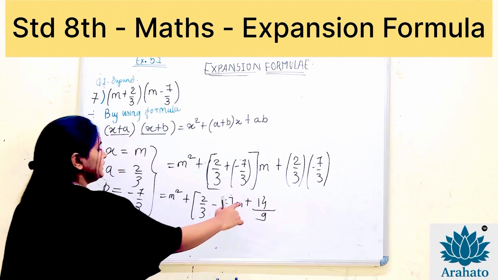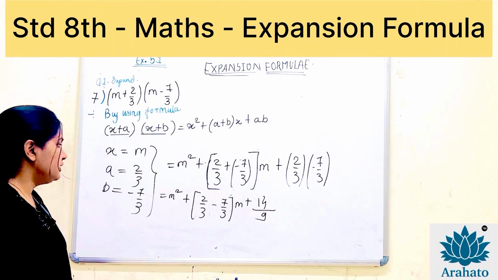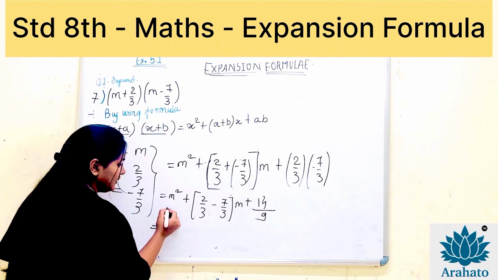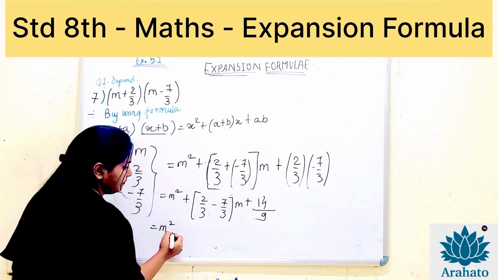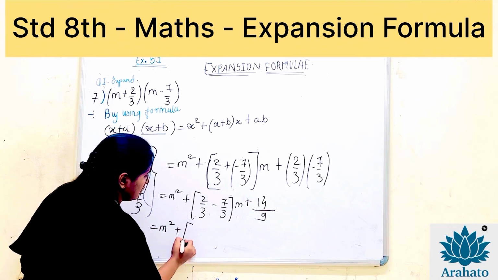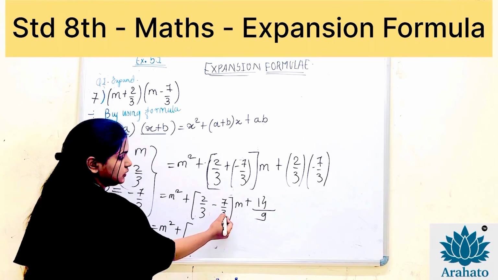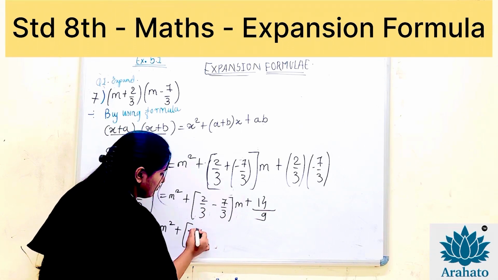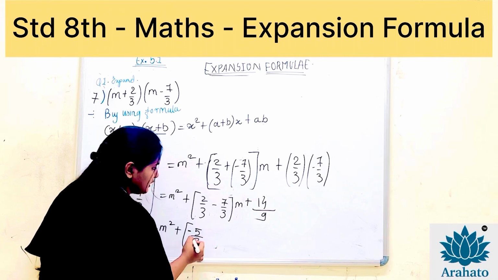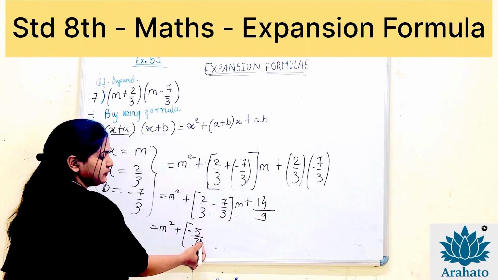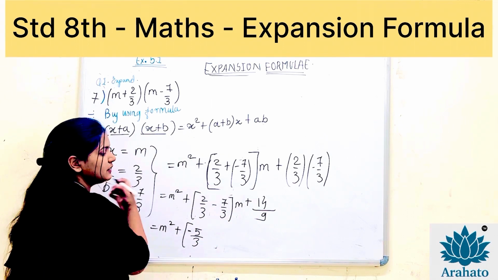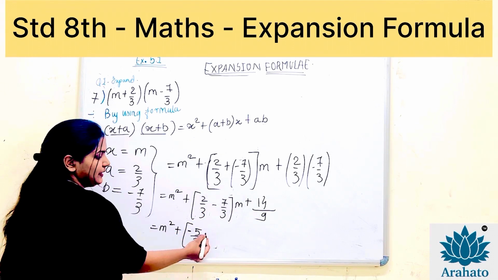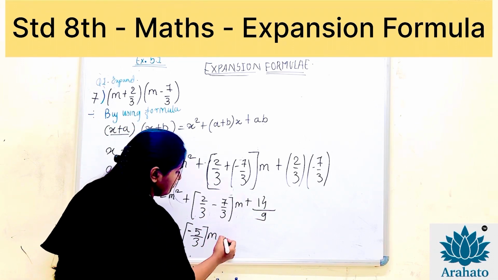Now m square will be m square. 3 is common for both of them, so the answer will be minus 5 by 3. 7 minus 2 is 5 and the bigger number's sign is minus, so minus 5 by 3 m.